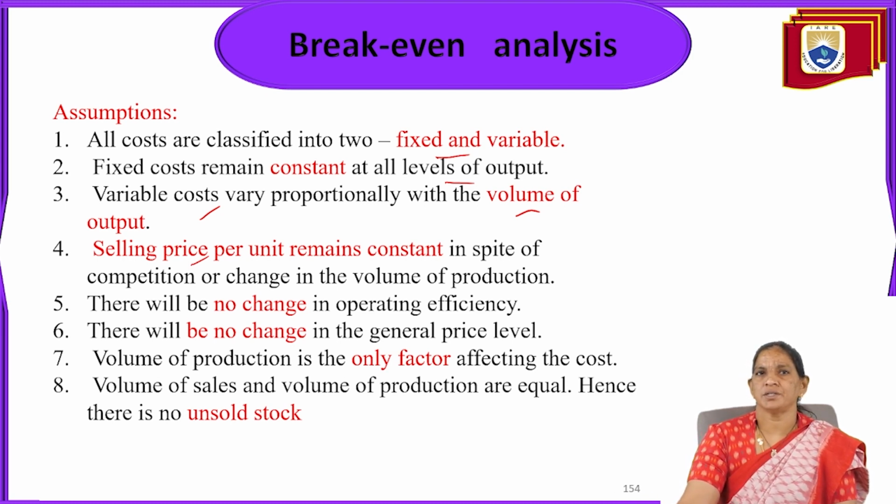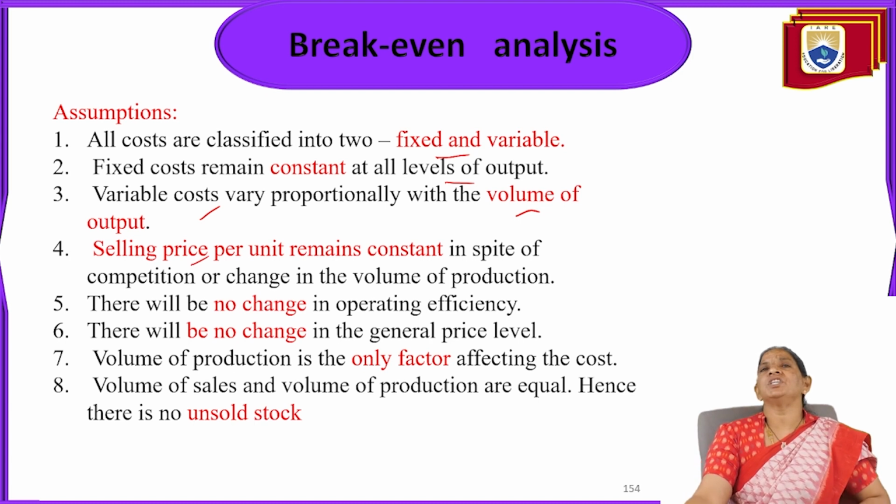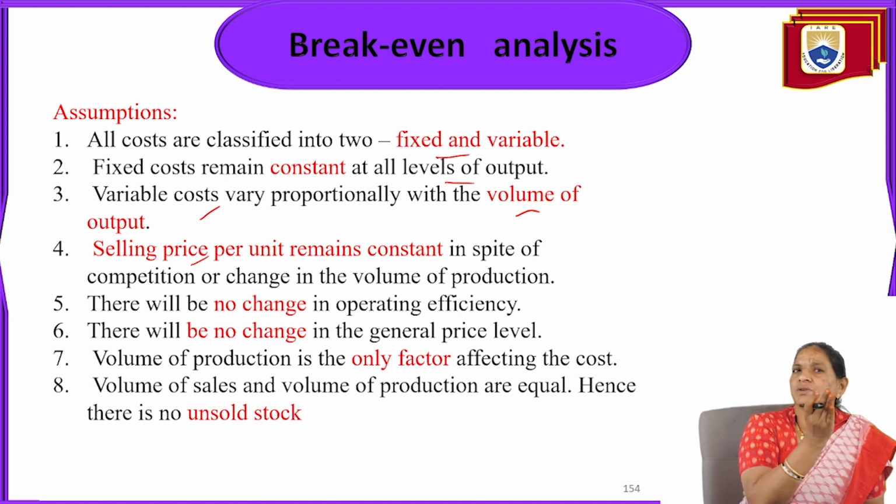The next assumption is that there will be no change in operating efficiency, meaning the production capacity should not change. When we decide to find the break even for production of 10,000 units, it must be fixed for 10,000 units only.